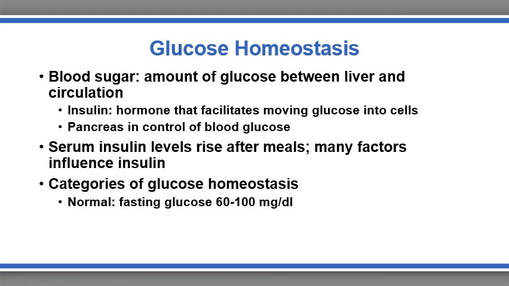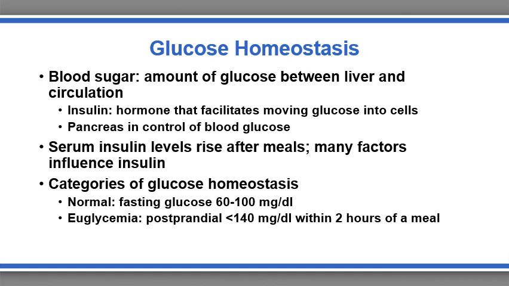So, categories of glucose homeostasis. Normal fasting blood glucose is 60 to 100 milligrams per deciliter. When you're fasting and go to get blood work done, your blood glucose should be somewhere between 60 and 100. Euglycemia is postprandial, or after you consume a meal.